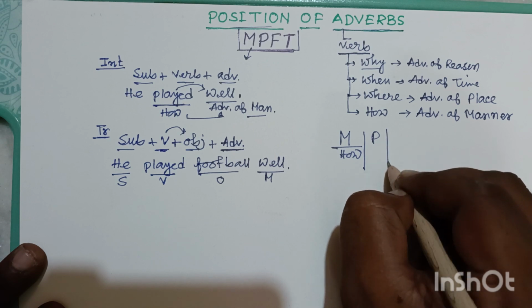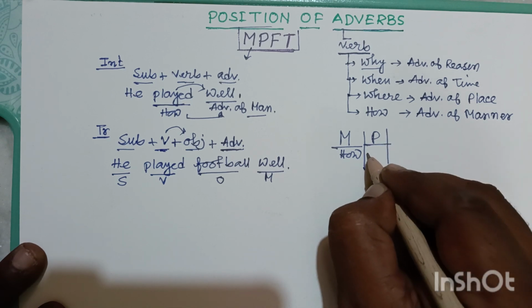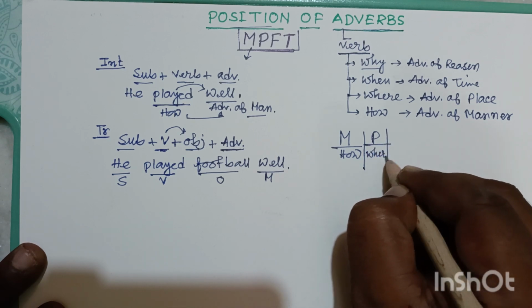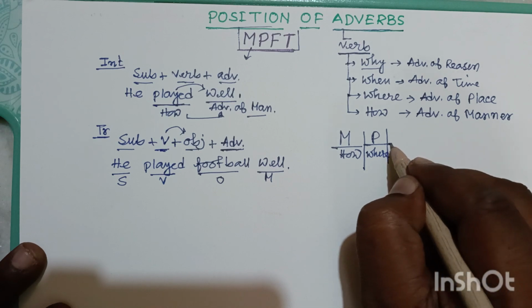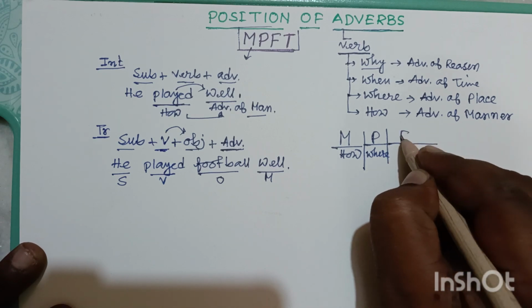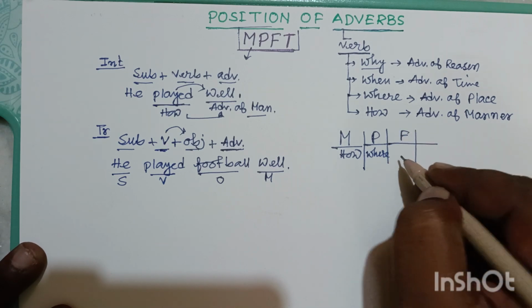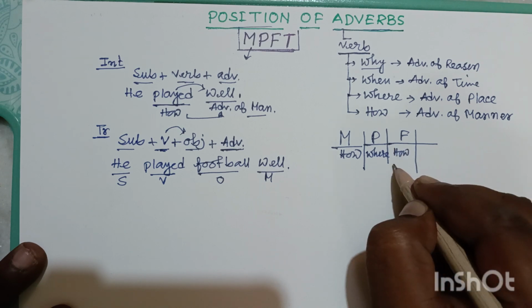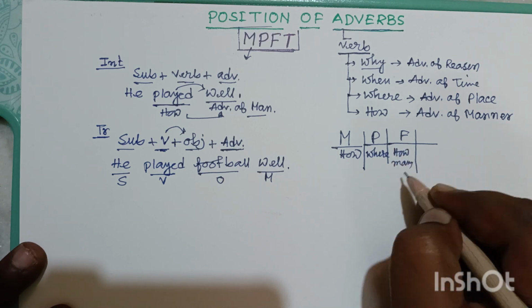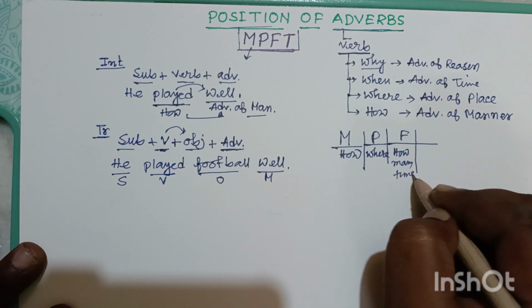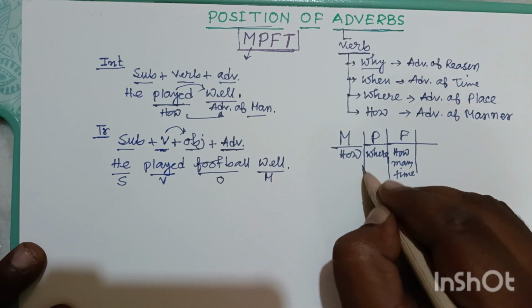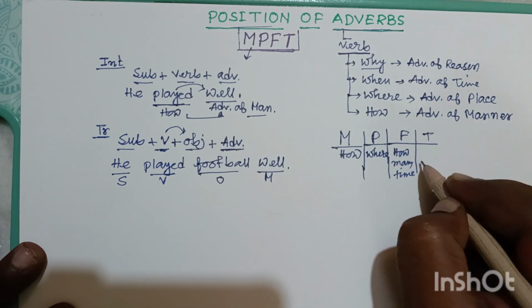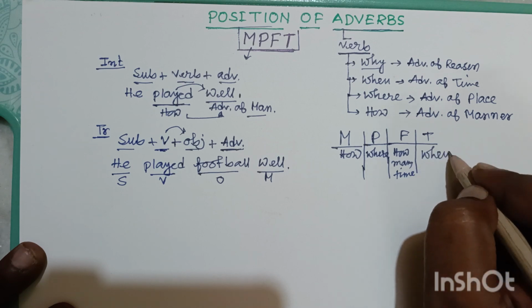P means adverb of place; if you ask the verb by where, you will get the answer. Then F is basically frequency, so you have to ask the verb by how many times, that means how many times the action is being performed. And T is when.